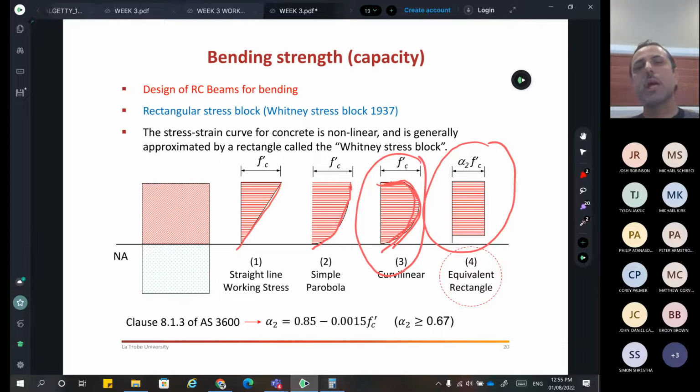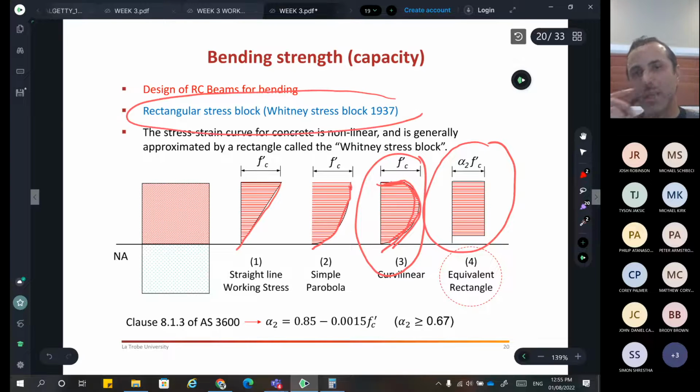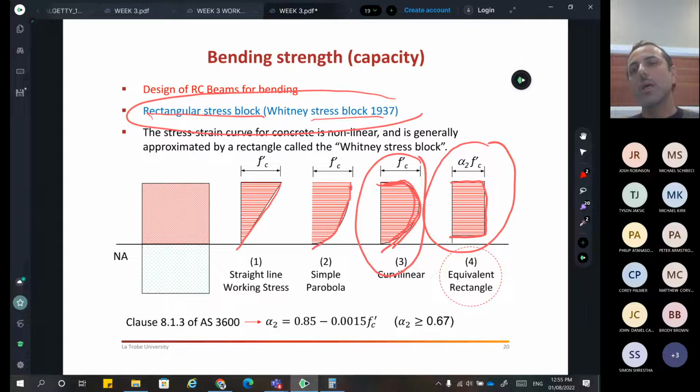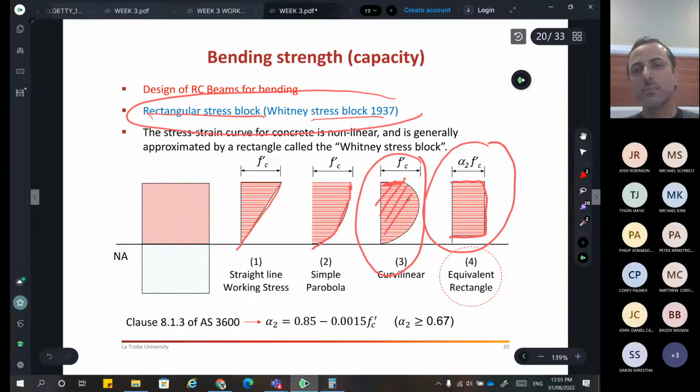So what the standards decided was to come up with a defined shape, rectangular, that's what they call a Whitney stress block or rectangular stress block. All the standards use something like this. What they did, effectively, is make this hatched area equal to this hatched area. And these parameters will help.